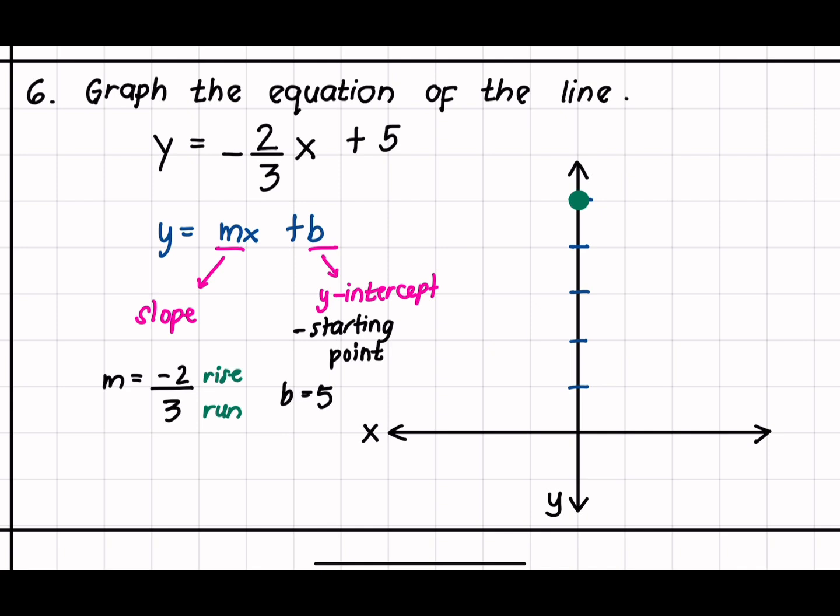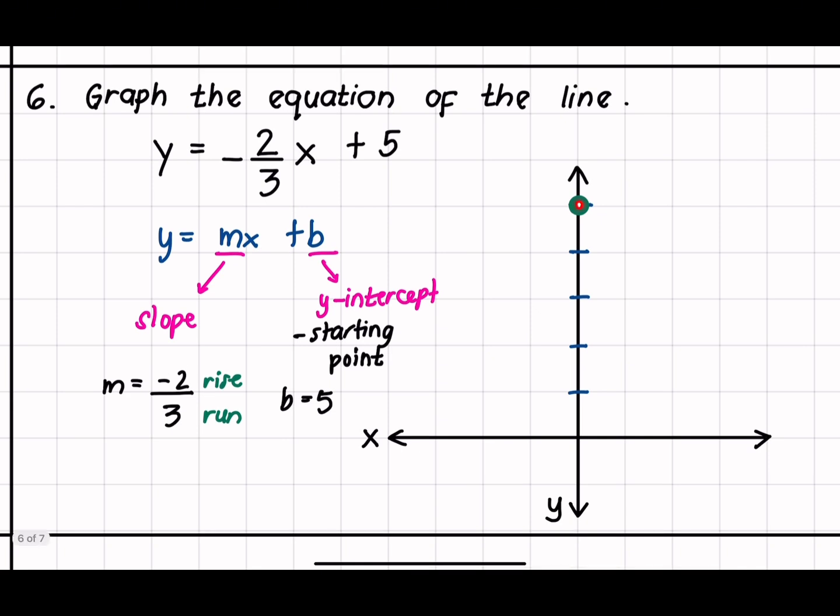Since our rise is negative 2, from this point we're going down 2 units, 1, 2, and run 3 units to the right, 1, 2, 3. So this is our next point.